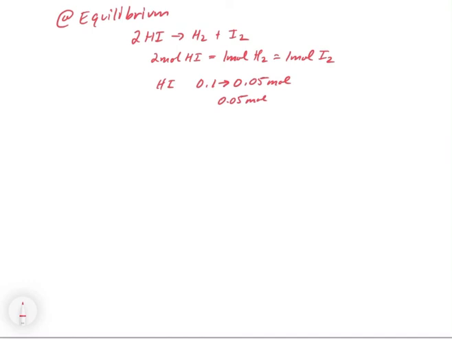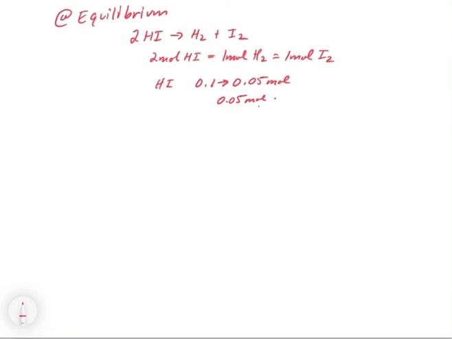So it makes sense that if we consumed 0.05 moles of the HI, then by stoichiometry, the amount that we're going to produce is going to be half of that, because for every 2 moles of HI, we have 1 mole of I2 or H2. So this is going to give us 0.025 moles of H2 produced.